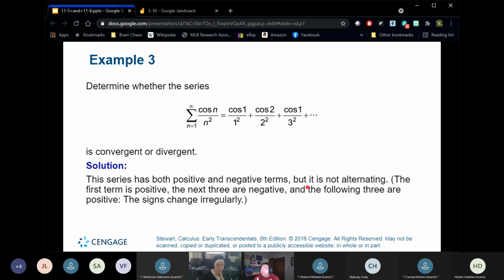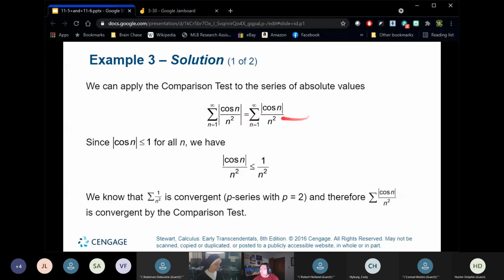Since I couldn't use the alternating series test at all on this one, we can look at it in terms of absolute convergence. I'm doing the absolute value of cosine of n over n^2. Because n^2 is always positive, I don't have to worry about the absolute value of that one.